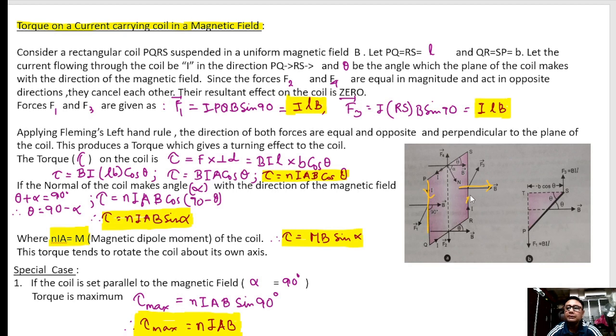They are separated by a distance B. If the currents are flowing in opposite directions, there has to be a repulsive force. The direction of magnetic field is this, the current is this, this is the B, this is the I. That means a force will act on PQ, which should be in this direction.